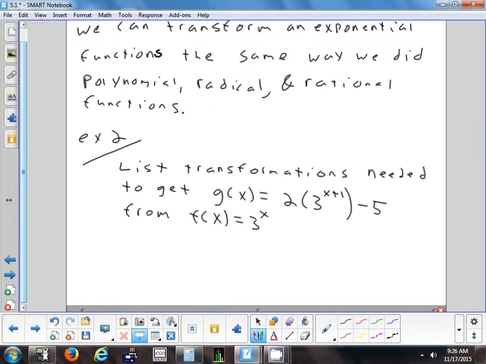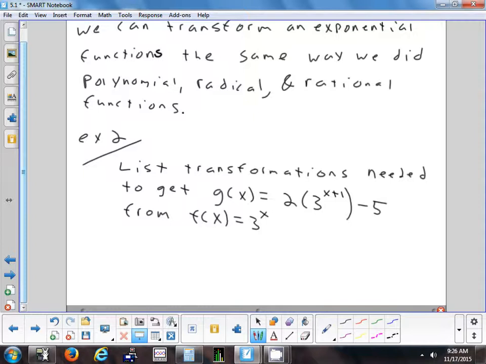Okay, so if we're comparing f of x to g of x, how many transformations do we have? What numbers are you looking at for the 4? X plus 1.